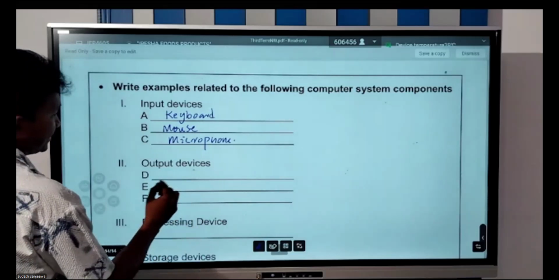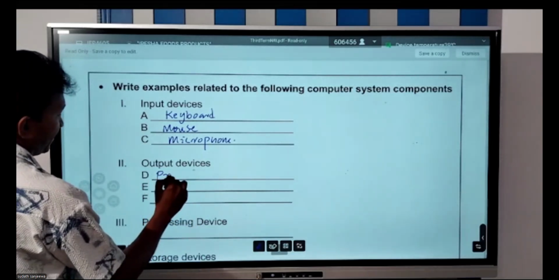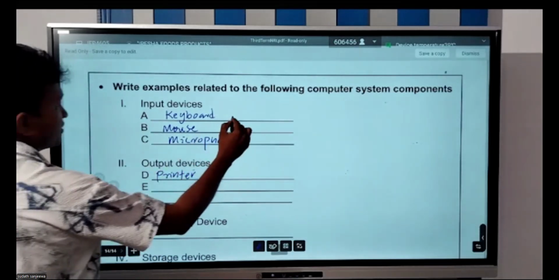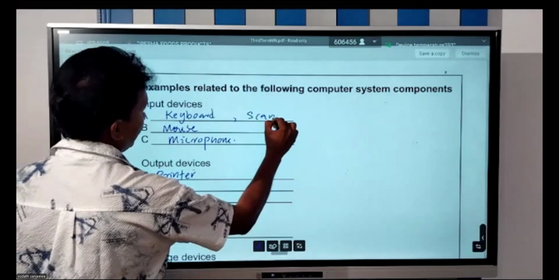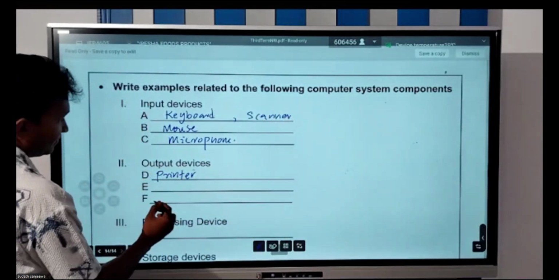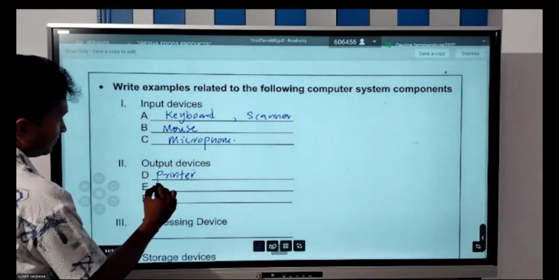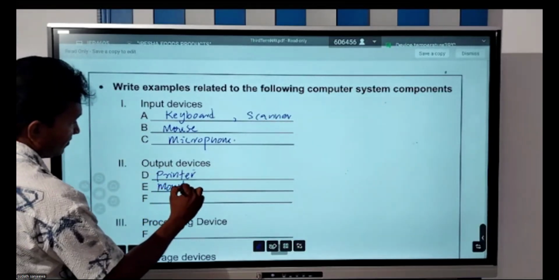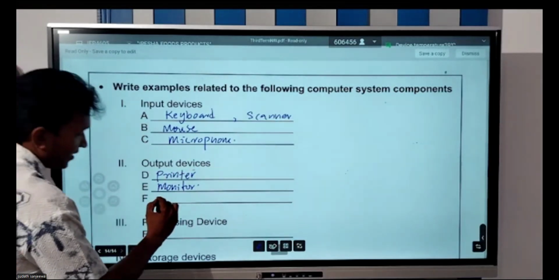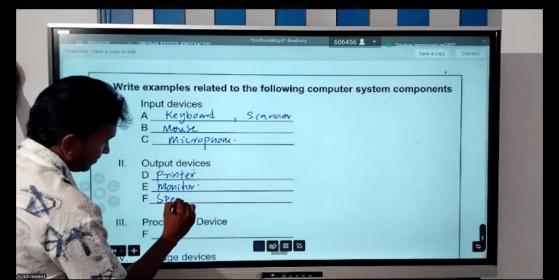Scanner is also there. Output devices: printer, monitor, speaker.